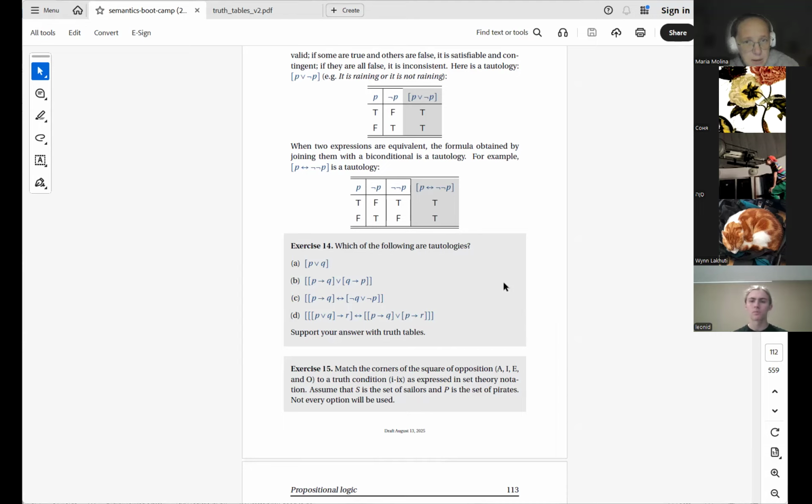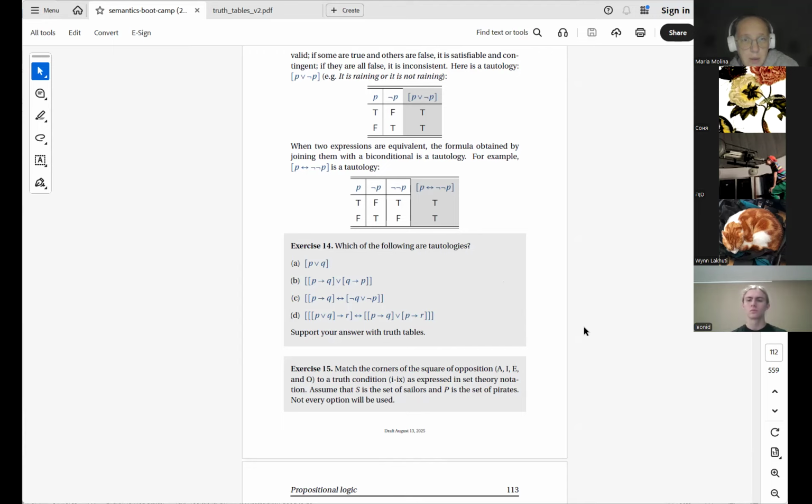I think about C. Q to P should be not Q or P. One moment.